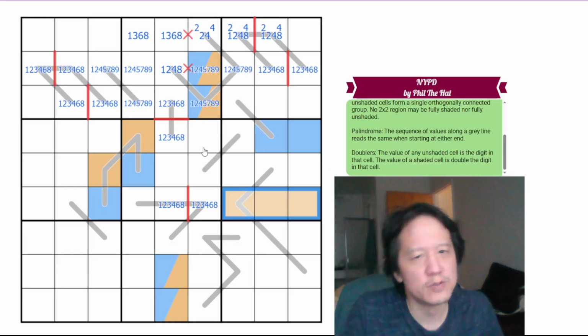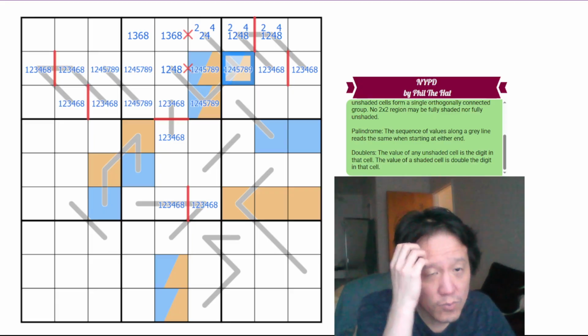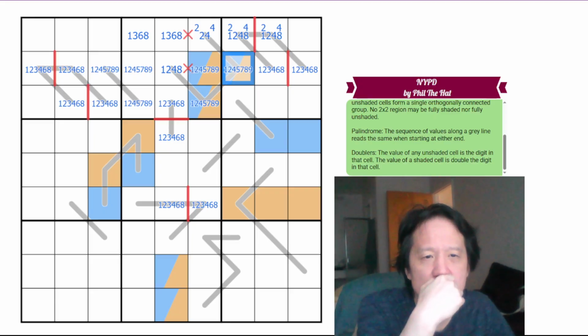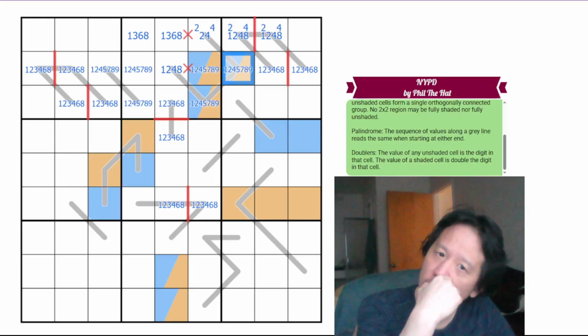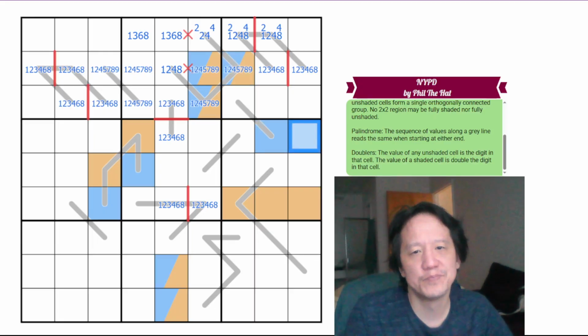Well, where would the other blue-green be? Oh, yeah, since this is blue-green, the other one would have to be there. Say this was blue, though.